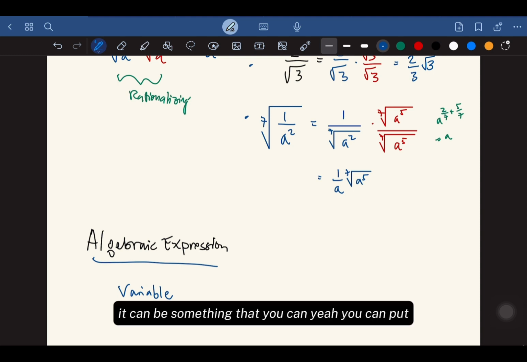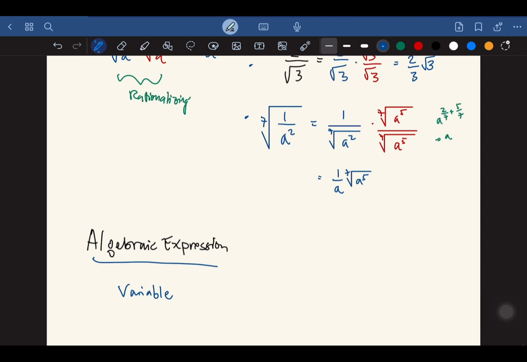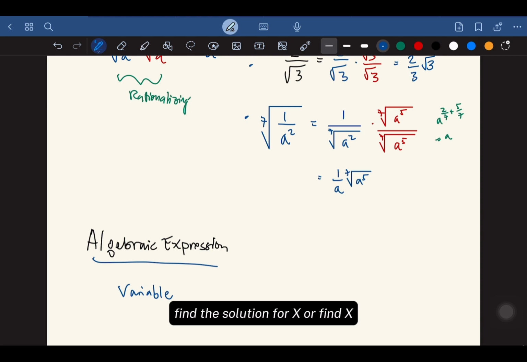It can be something that you can put into, right? We usually call it x. And usually in the exam, find the solution for x, and then the student just puts an arrow: this is x. That's if you're reading some memes.